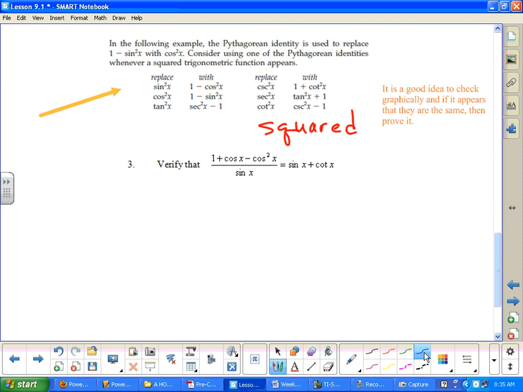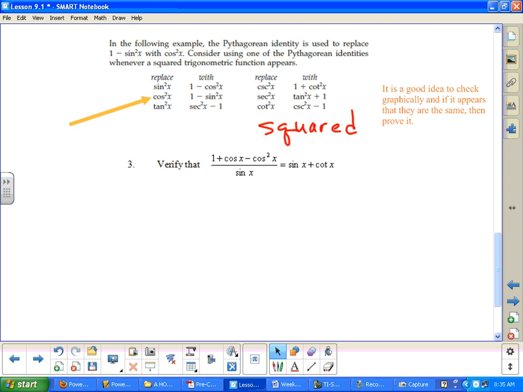Chris, do you see one? Could I use this one here? Okay, I could do that. But that's the thing, there's going to be different ways.